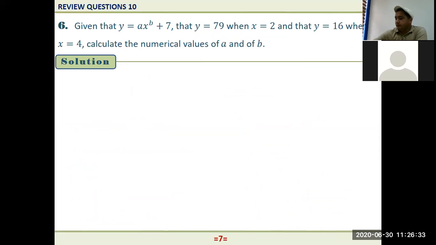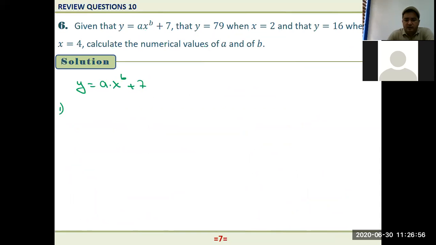Three more examples. We are given an exponential function, because here we have an exponent. It says y is equal to a times x to the power b plus 7.